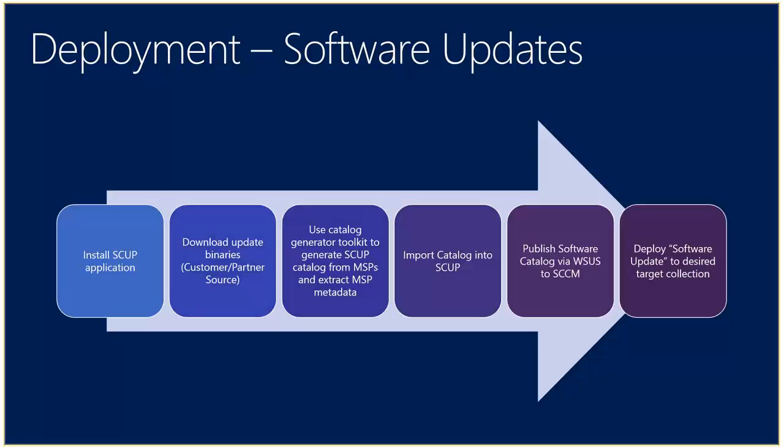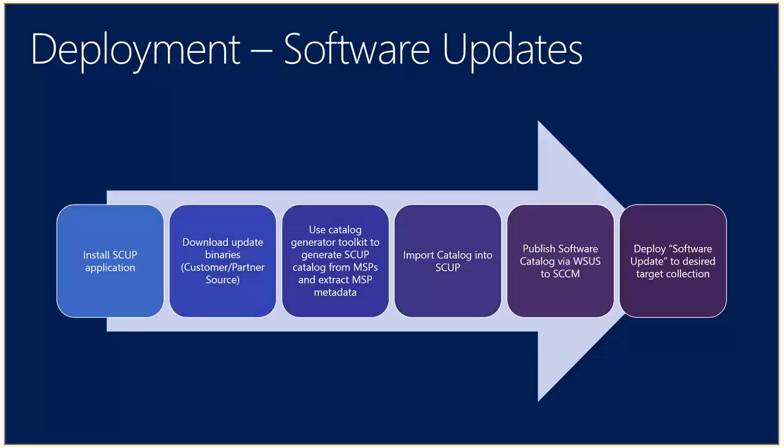To be able to mass deploy software updates, you would have to install this component. And then you would download your update packages from a standard location as before, from your customer source or partner source locations.